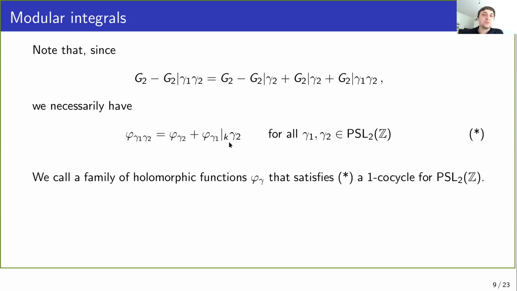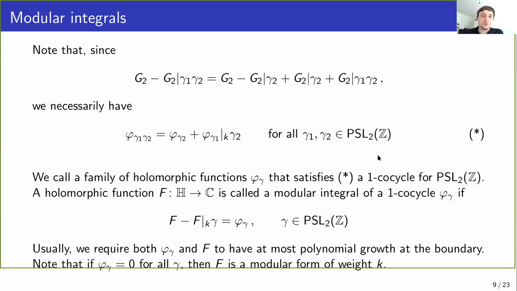And then the question that I kind of implicitly formulated is, well, what kind of functions can we get if we try to solve this equation? So we already know that if we have such a family of equations parameterized by an element of PSL2(Z), the right-hand side should be a one cocycle.